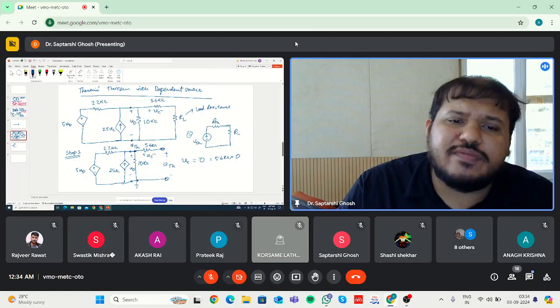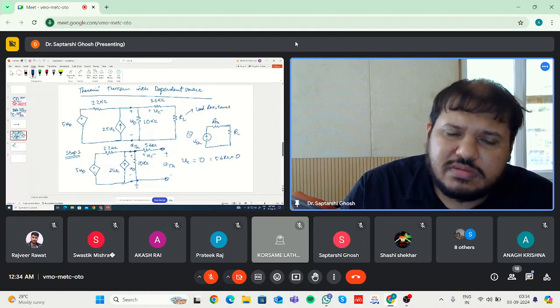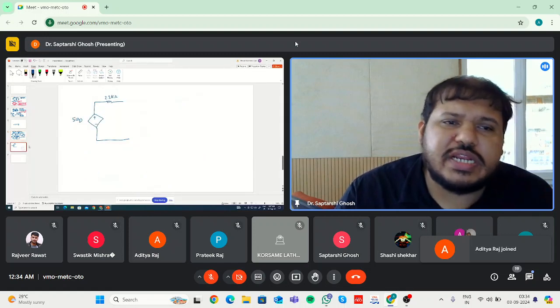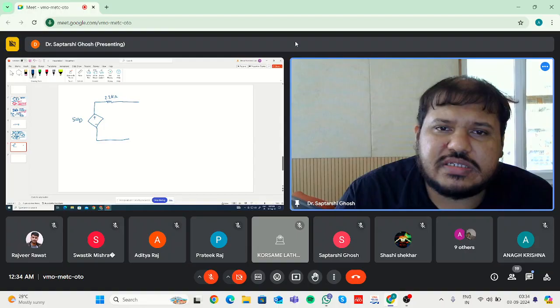There will be 0 current flowing, and the internal resistance is infinite. So no current will pass through this path, and the current source is equal to 0. So you can consider it like this. Simply you can remove this part, and there is a 10 kilo ohm resistance.